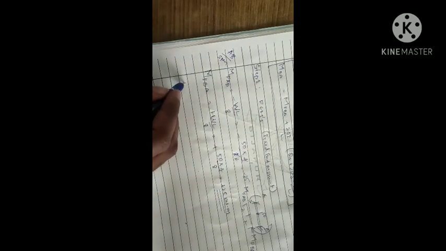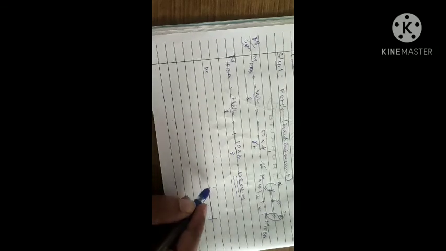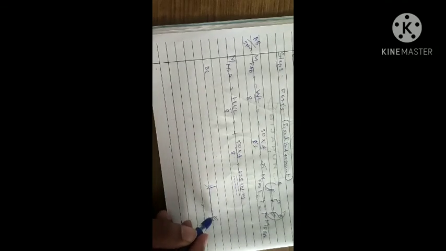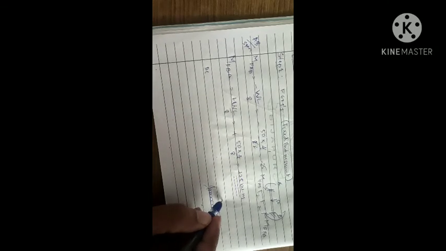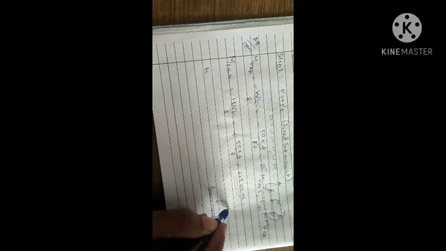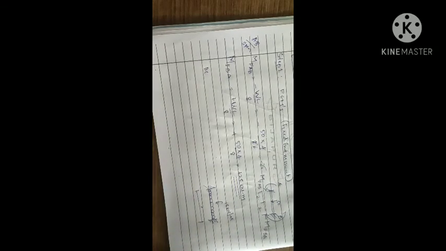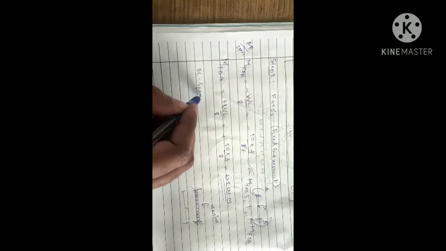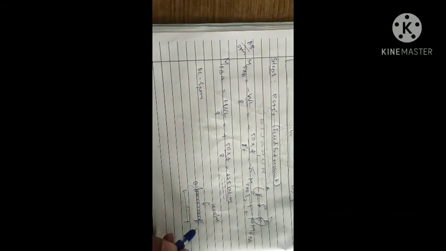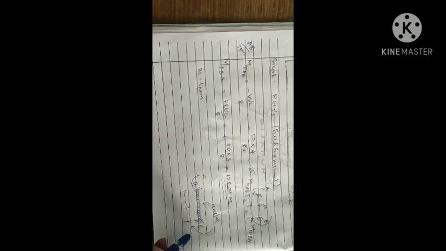Similarly, we'll do it for BC span. First draw the diagram. BC, both ends fixed. UDL is acting, 15 kilonewton per meter. Okay, what is the length? So for BC span, when you draw the diagram with the UDL acting, the left hand side is anti-clockwise and the right is clockwise.